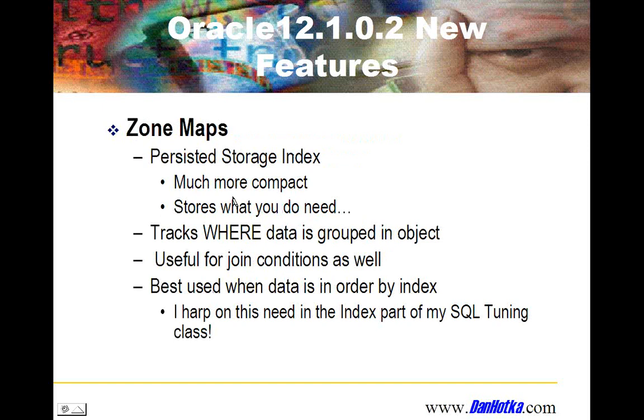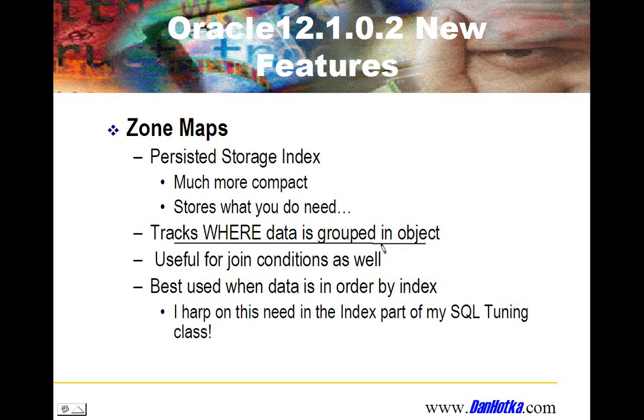Zone maps are another type of index in that they track where the data is grouped together in an object. I've made a big deal about this in the indexing part of my tuning courses: the need to get a low clustering factor, getting the index and the table in the same order.